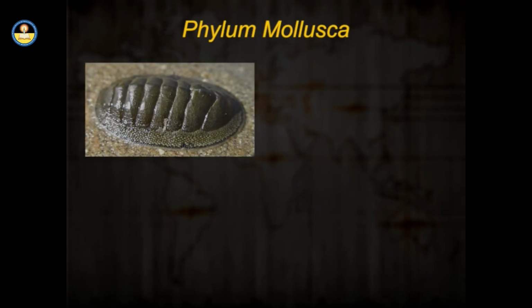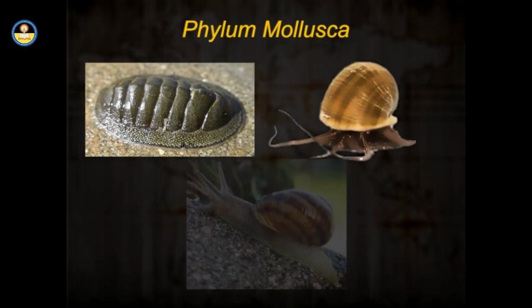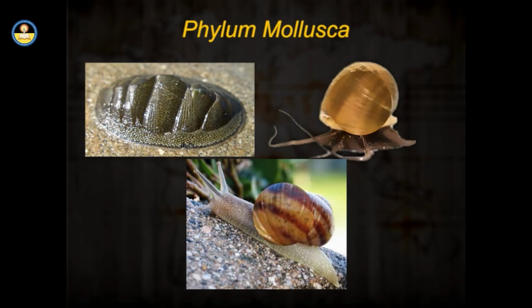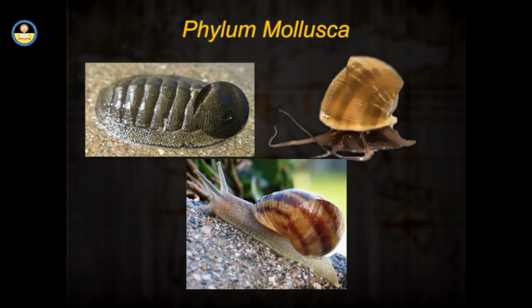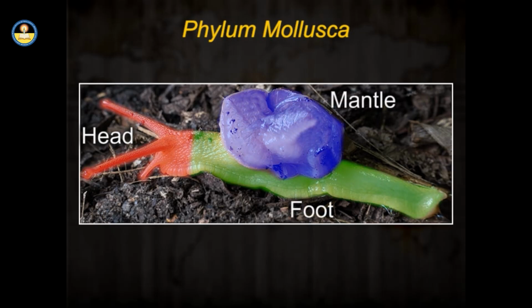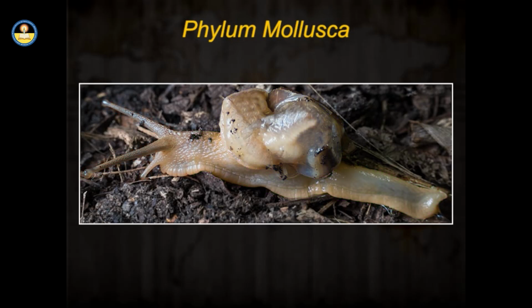Phylum Mollusca. These animals are characterized as having a soft body and usually have limy shells. The organisms in the phylum Mollusca are characterized by having three main body divisions: a head, a foot in the form of visceral mass, and a mantle which secretes a shell.